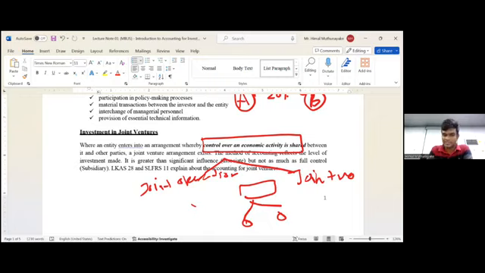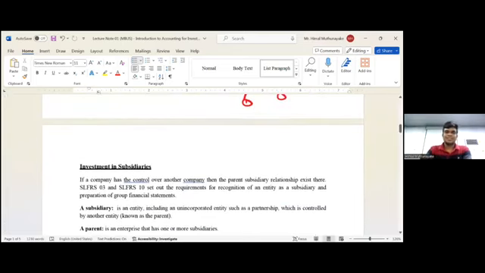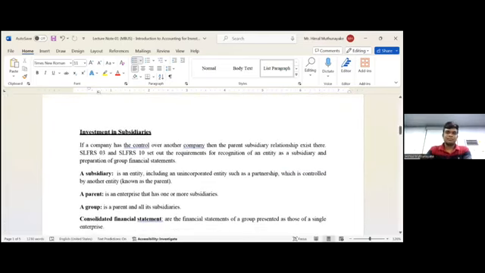So another way we can invest in companies is investment in joint ventures. So we have learned two things: you can invest in associates and you can invest in joint arrangements. When it comes to joint arrangements, they divide into joint operations and joint ventures. These are the two minor parts.